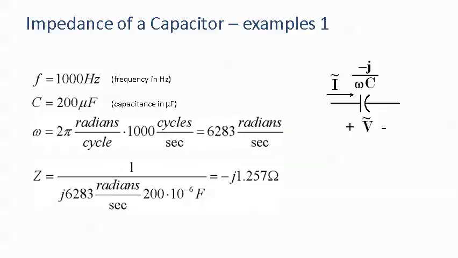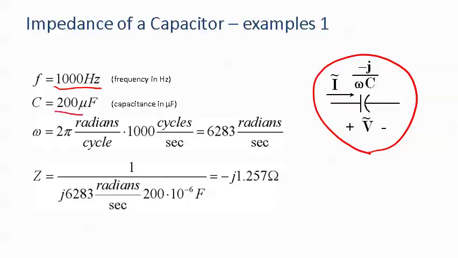Let's calculate the impedance of a capacitor. F, the frequency, will be 1,000 hertz in this example. Here we are with our phasor designation of this capacitor with phasor currents and voltages in the passive sign convention.